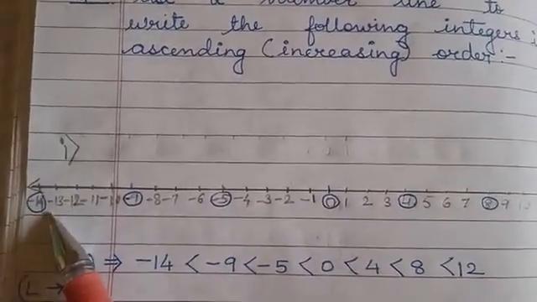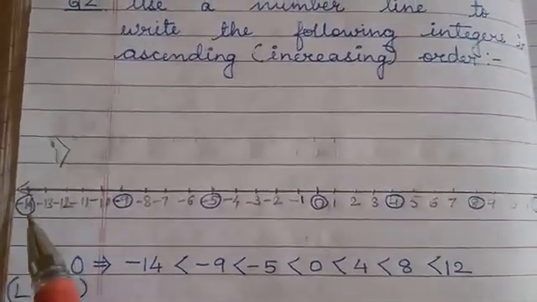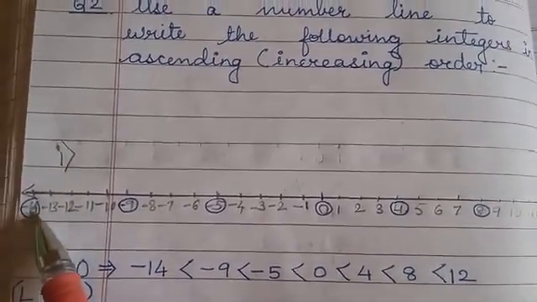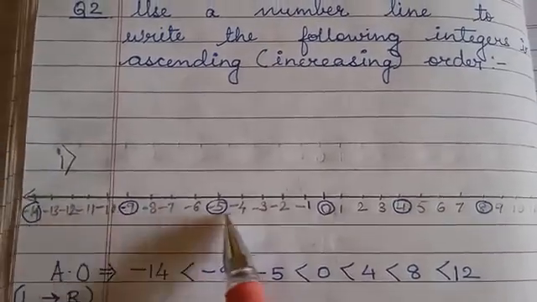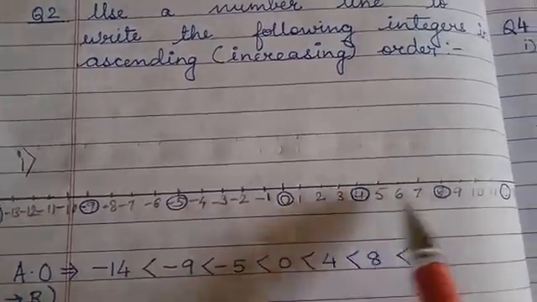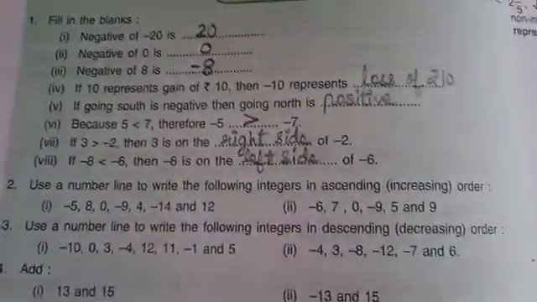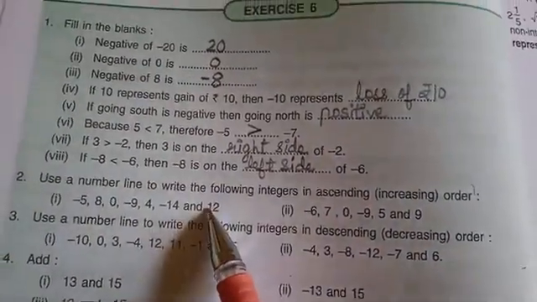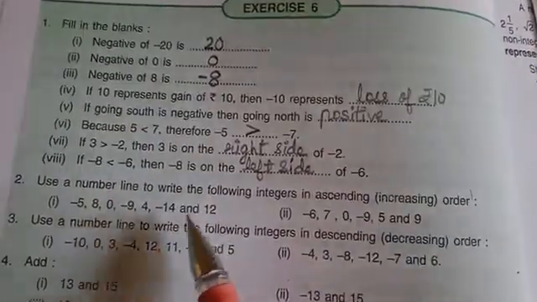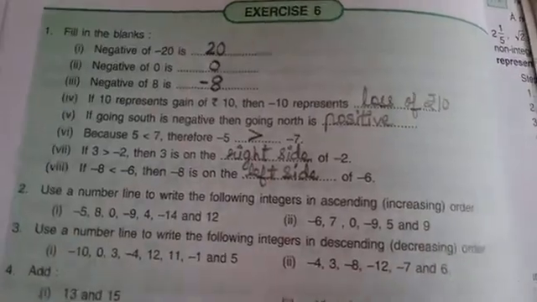You can see here -14, -9, -5, 0, 4, 8, 12. I have circled all the integers according to these.